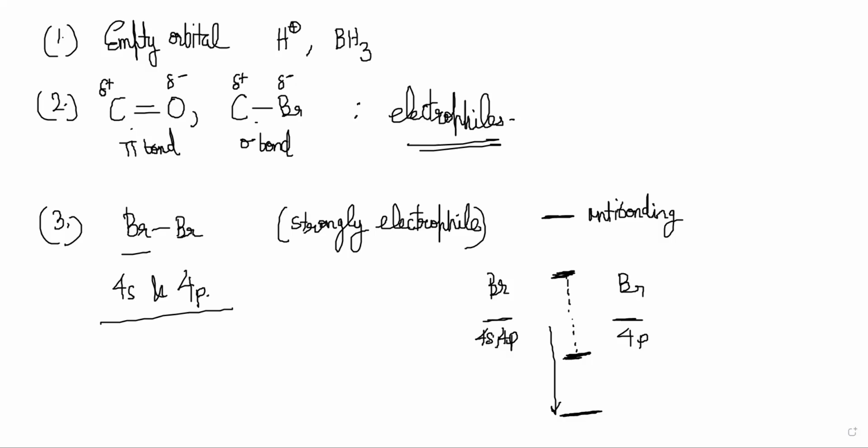So the bond is weak, therefore the anti-bonding is low in energy. If there is a strong nucleophile, anything that has a pair of electrons it wants to donate, it will easily be able to give it to this. This one will be filled, but this one will be empty, so this will become your LUMO.